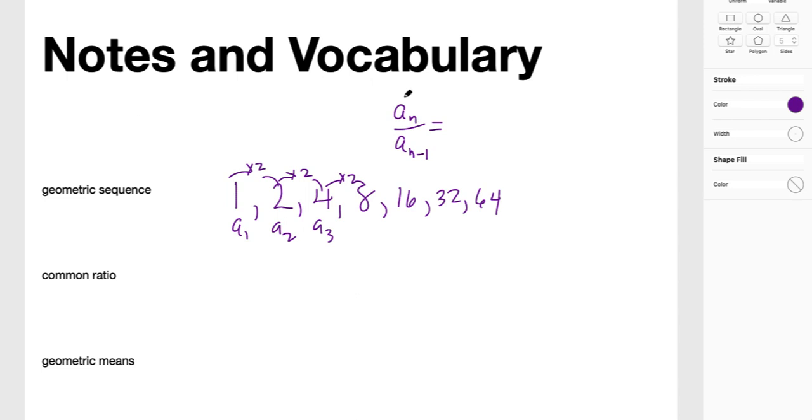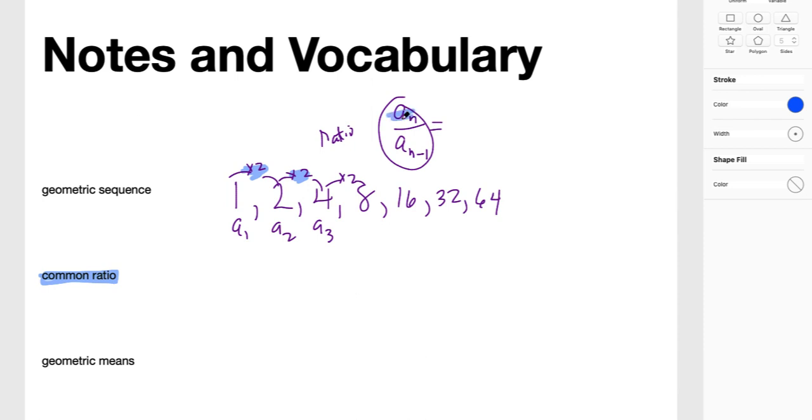So if you notice, I've made a ratio. So this is not called the common difference, 2 minus 1, 4 minus 2. That's what it would be if it were a difference. It is the common ratio, okay? So the common ratio of the geometric sequence is going to be 2.